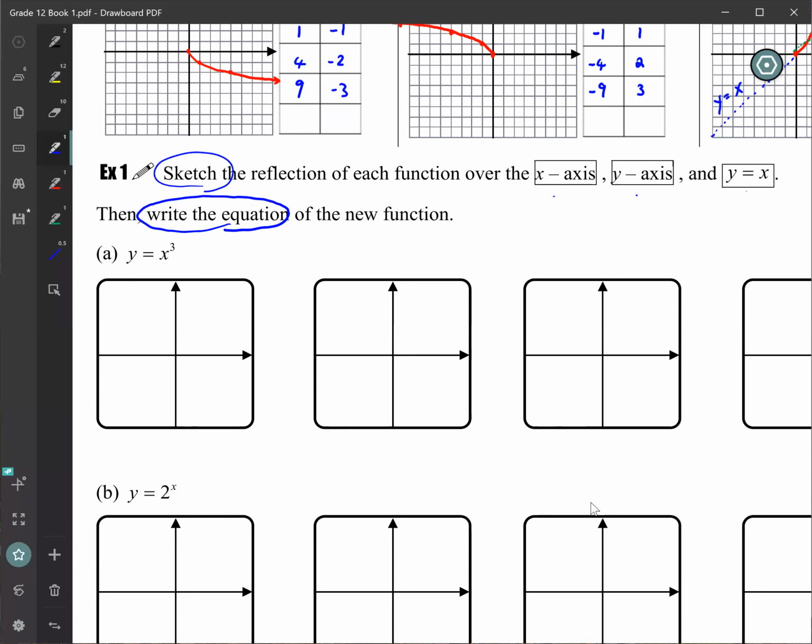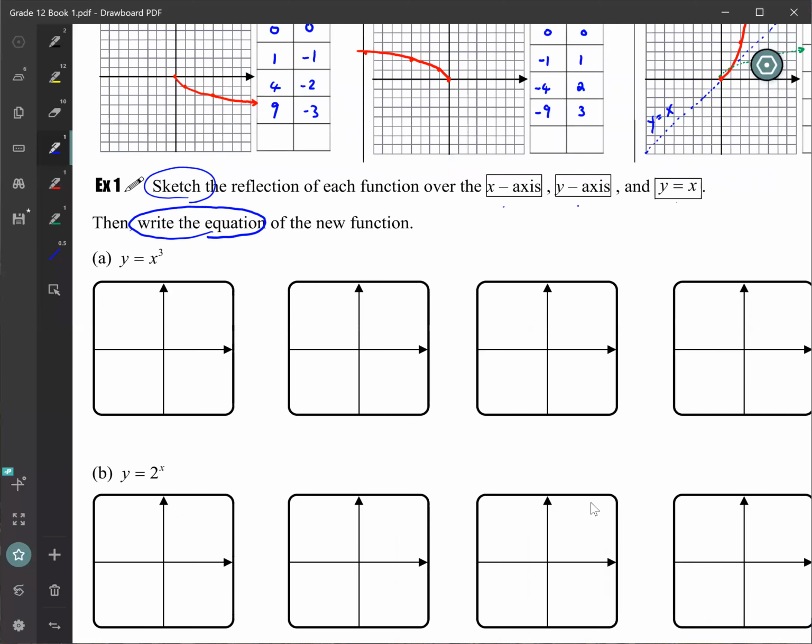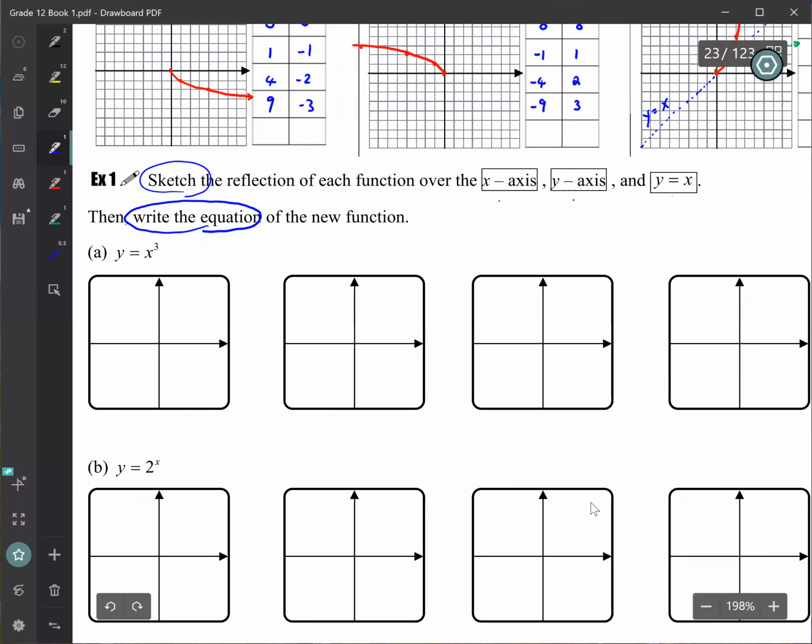Cindy, can you draw the basic function for cubic? For the first cube? Yes, the first box. Wait, I don't know if I'm doing this right.